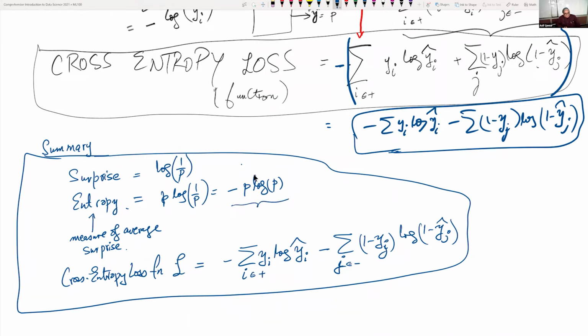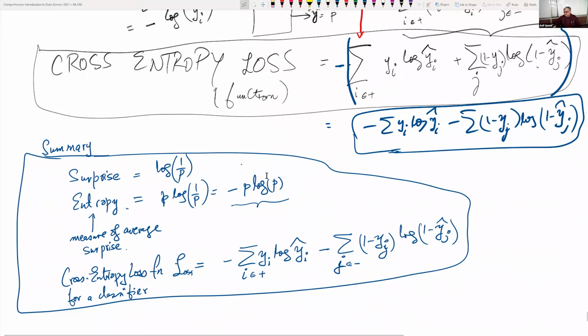And the cross entropy loss function for a classifier, which is making predictions, looking at the ground truth and comparing it to the predictions, how surprised would it be, is given by this expression.